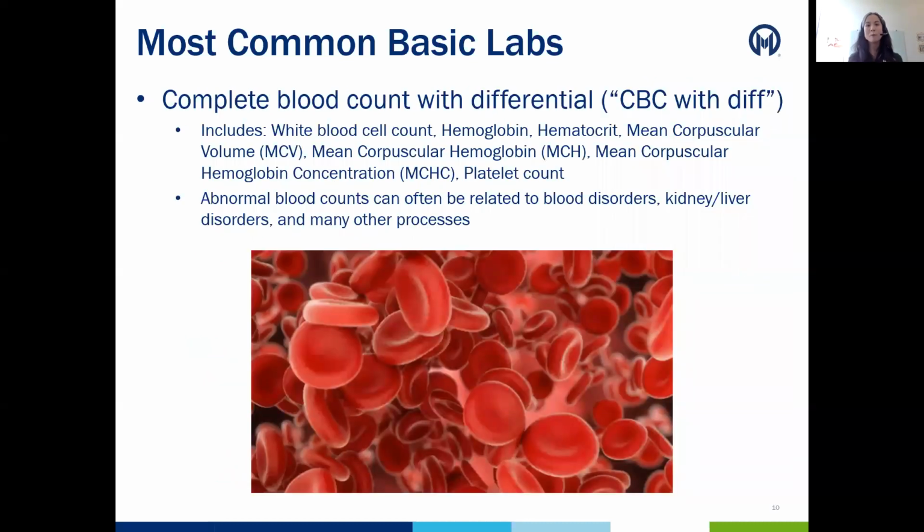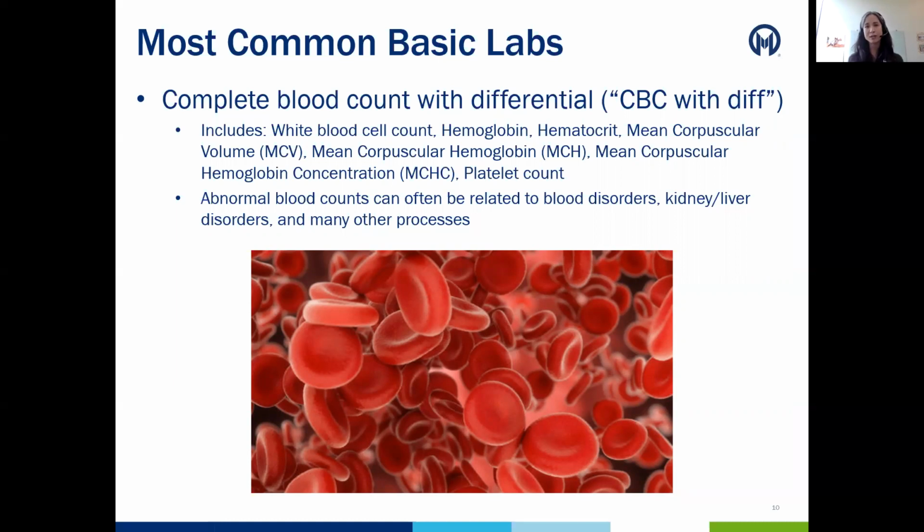Then the other most common basic lab that we get is a complete blood count, usually with a differential, and it's my personal favorite. So this looks at different types of blood cells circulating in your body, including white blood cells, red blood cells, and platelets, and it gives different descriptors as to the characteristics of the blood counts, including how the red blood cells actually look, and also the types of white blood cells that we see circulating in your blood.